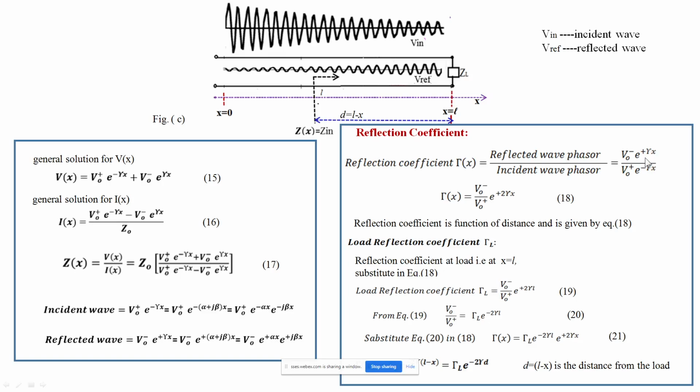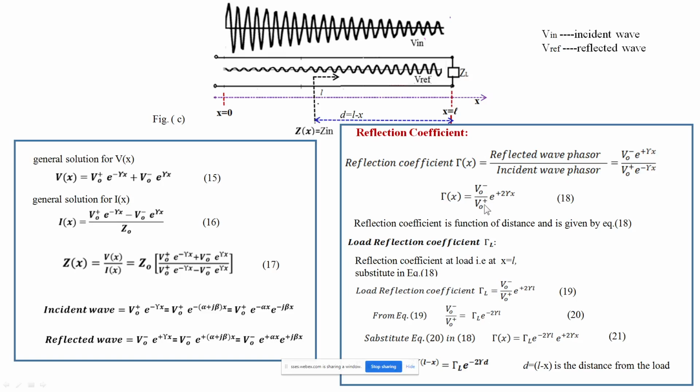So it is a reflected wave phasor, this term here I have taken V naught minus e to the power plus gamma x, and incident wave phasor is this is the one I have taken. So ratio of those two, in this denominator, if you take it to the numerator, we will be getting it as e to the power 2 gamma x. So reflection coefficient at any position is given by this equation.